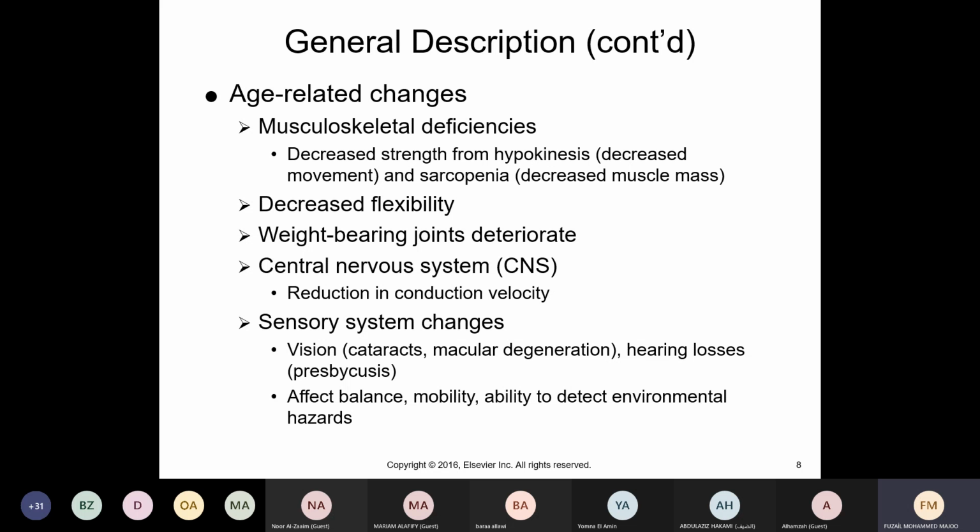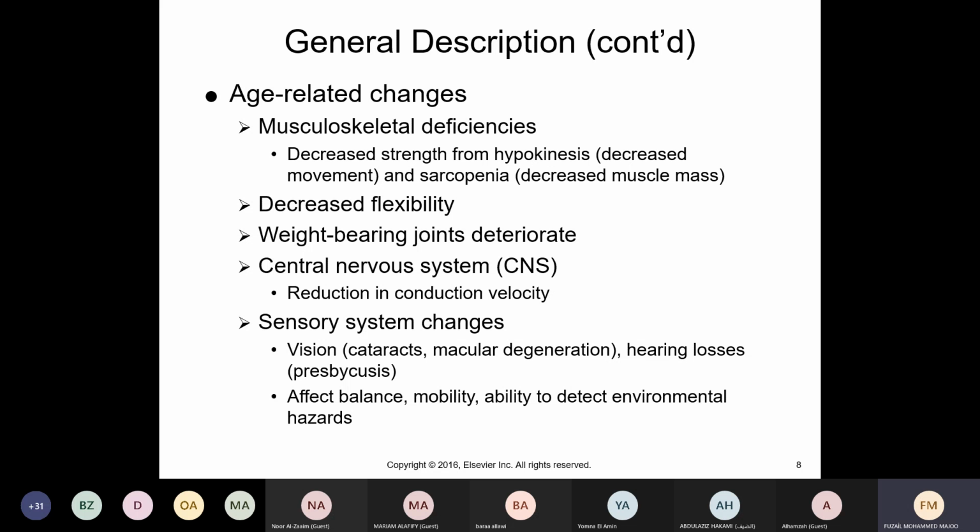Hypo means low, kinesis is movement, so low or decreased movement, and sarcopenia. Sarcopenia is a decrease in muscle mass, sarc meaning muscle in this sense. So these are the changes that happen.